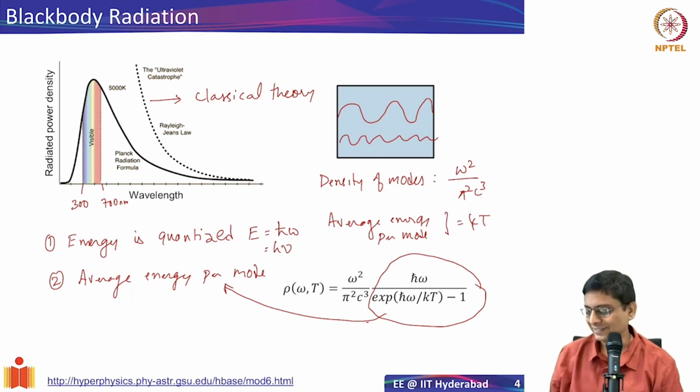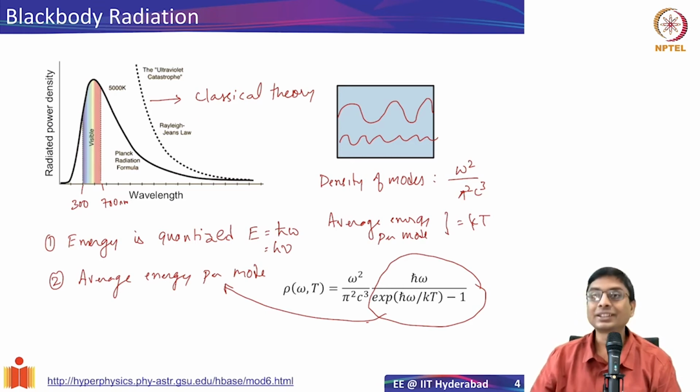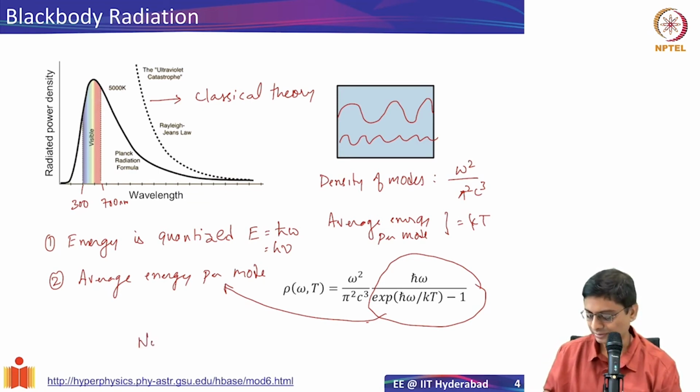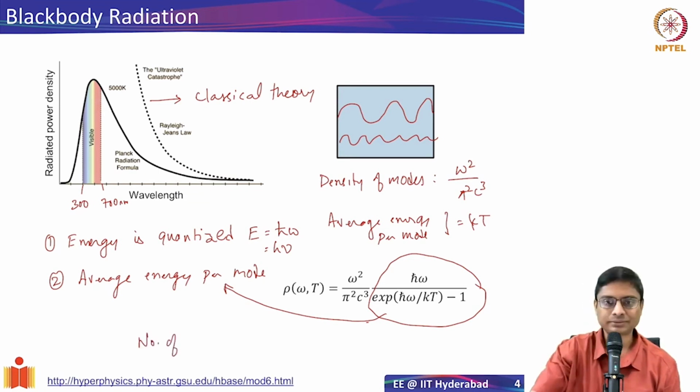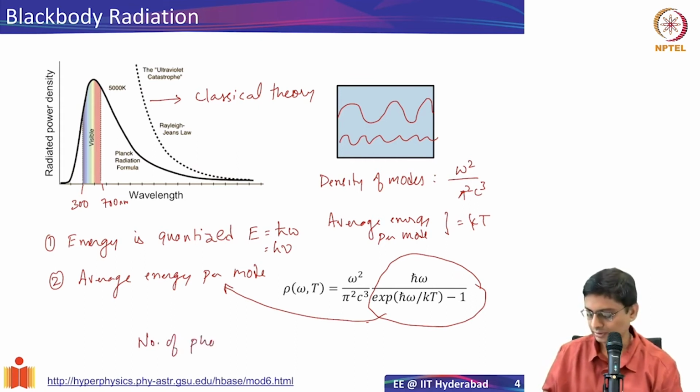Well, the thing is, if you look at the black body radiation, I mean, it's a nice question. It turns out that the number of photons in a particular mode is given by this expression: 1 over exponential of h cross omega by kT minus 1.